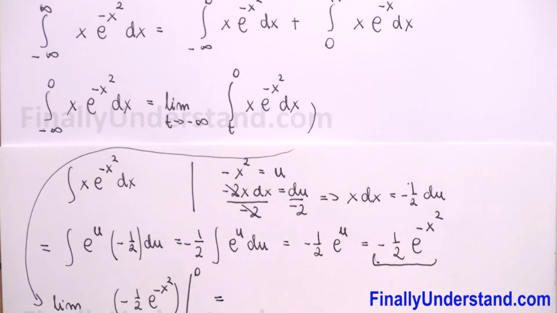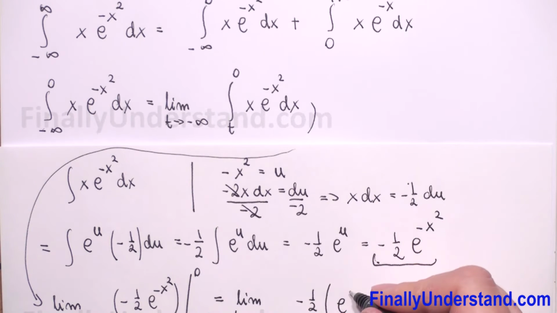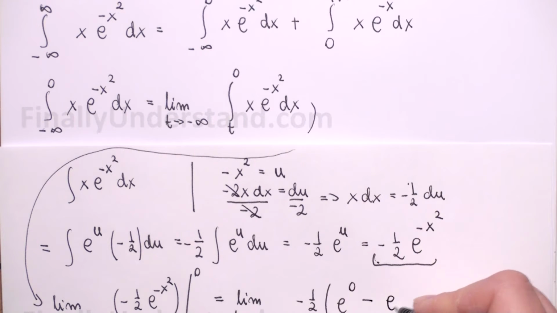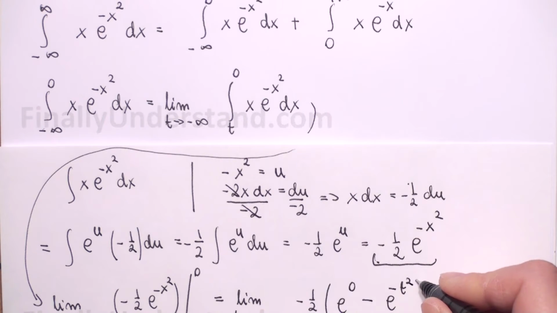So this is equal to the limit t goes to negative infinity, and first we have to plug in the upper limit. So let me put this negative 1/2 before parentheses. So we will have e to power 0 squared, which is still 0, so it will be e to power 0 minus the lower limit, so it's e to power negative t squared.